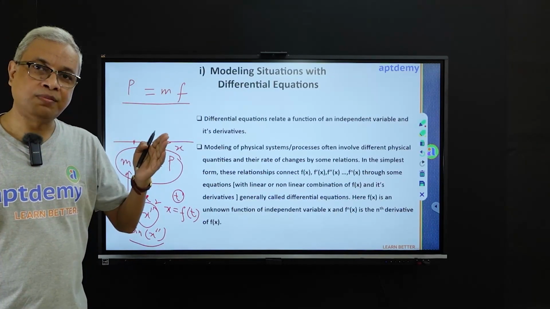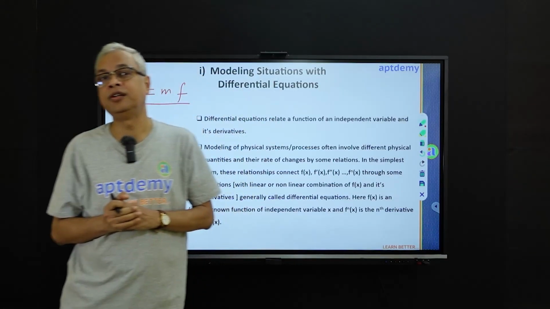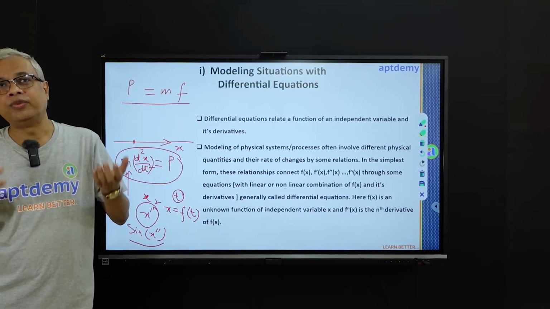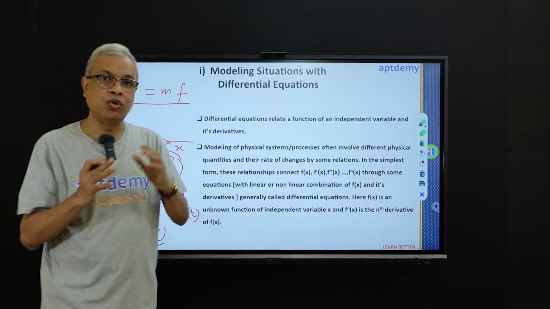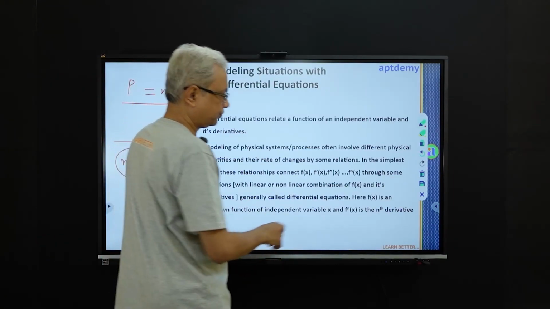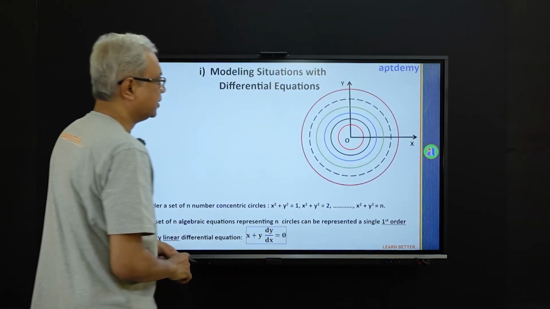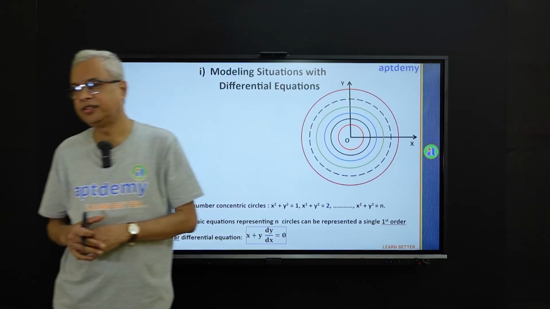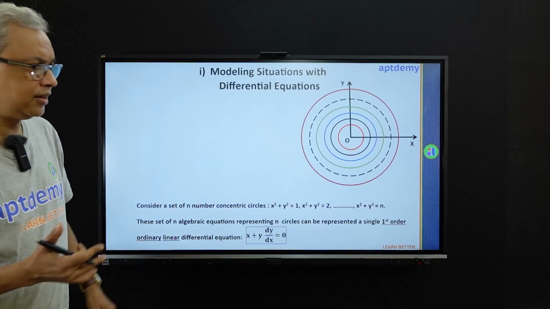Under certain boundary conditions or initial conditions you need to solve the differential equation, and you obtain the solution of the unknown in terms of the independent variable, and thereby you model the physical system. Now, as I told, differential equations have influence in every branch of science and technology.